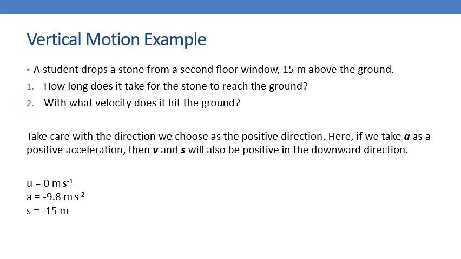So let's look at the example of a stone dropped from a second floor window 15 meters above. Must be flats because that's quite high up. How long does it take for the stone to reach the ground, and what velocity is it when it hits? We've got an initial velocity of 0 because it's dropped, and we're making the acceleration and the displacement negative as it's going downwards.